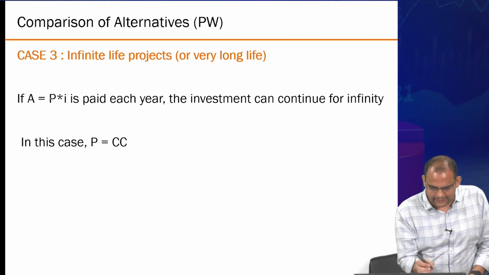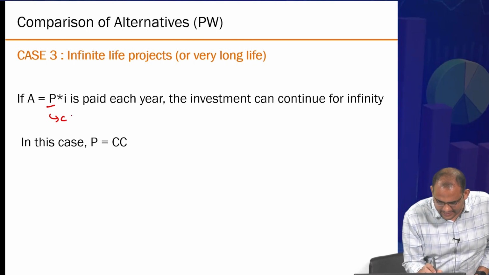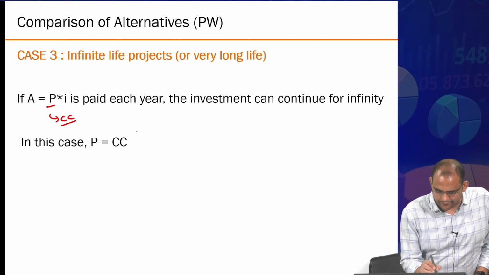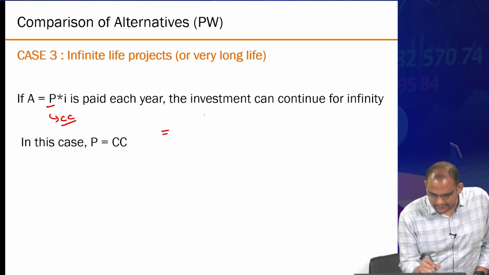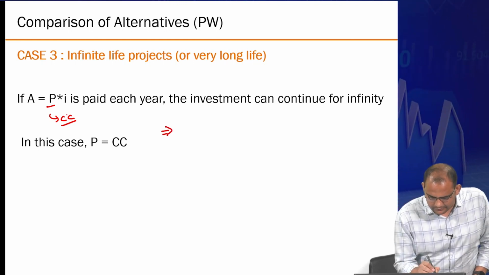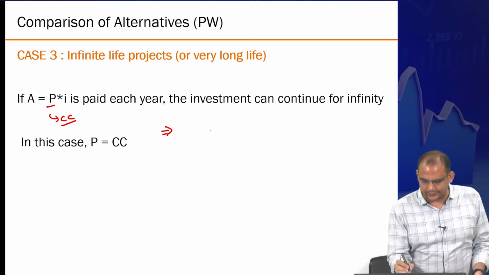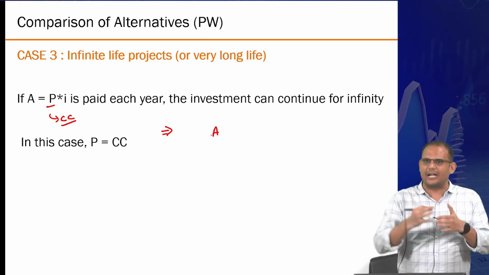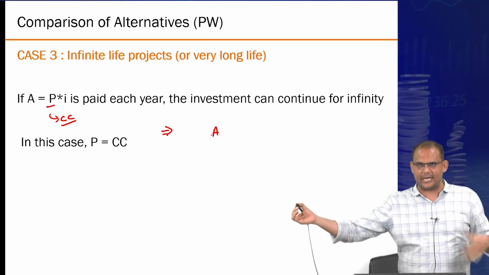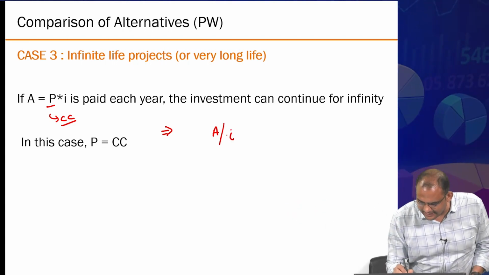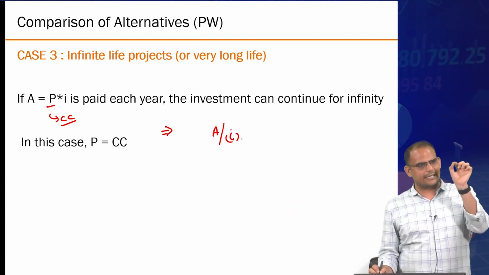So what they do, they say that P is equal to the capitalized cost CC, and if you want to estimate the capitalized cost, which is the present worth, you need to estimate the annual worth of that long time series, which we will take an example of, and simply divide it by i, which is the interest rate.